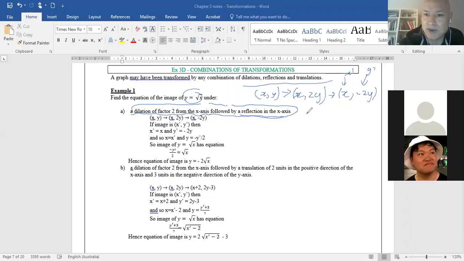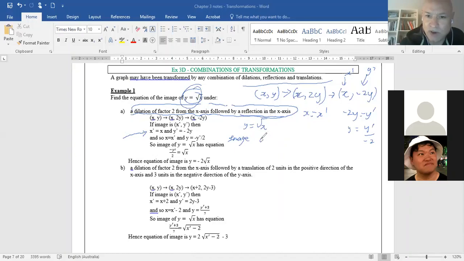Then I'm going to rearrange it to make y the subject. Negative 2y equals y dash, so y will equal y dash divided by negative 2, or negative y dash divided by 2. That's how I got this line over here. I didn't do all the steps, that's why I'm doing them here now. The next thing we're going to do is substitute into our rule. So y equals the square root of x, the image.